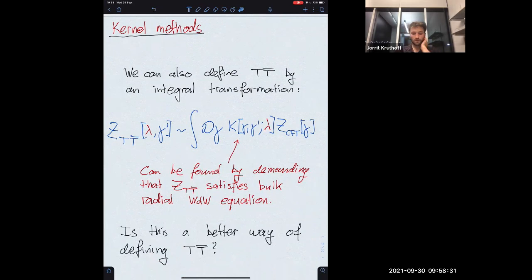So the T T-bar deformation can also be thought of as taking your CFT and hitting it with some kernel and integrating over the metric that the CFT is defined on. And this kernel now depends on the metric gamma and some other metric gamma prime. And there's an integral transform like this that you can write down in the case of the T T-bar partition function. But also in the higher dimensional case, you can also do this.